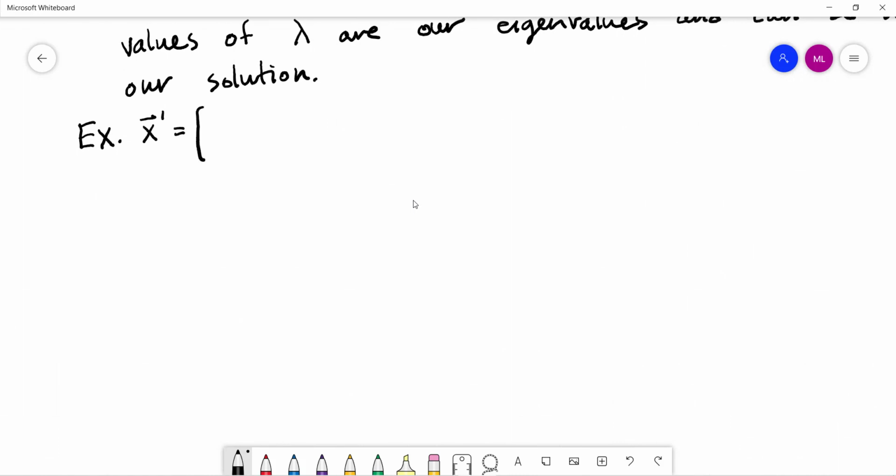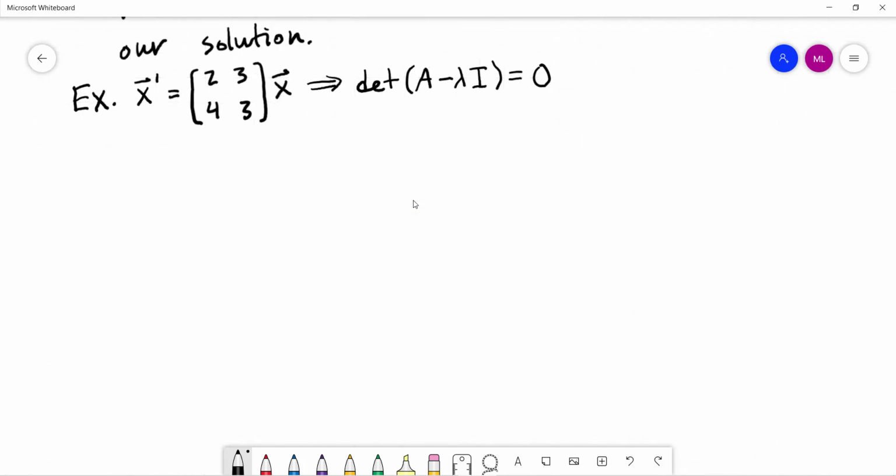X prime equals, and our A is going to be, let's do 2, 3, 4, 3 times X. Okay, so to find lambda, first step, we jump straight to the determinant of A minus lambda I equals 0. That is our first step. So what is that determinant? Well, our determinant is going to be 2 minus lambda, 3, 4, 3 minus lambda.